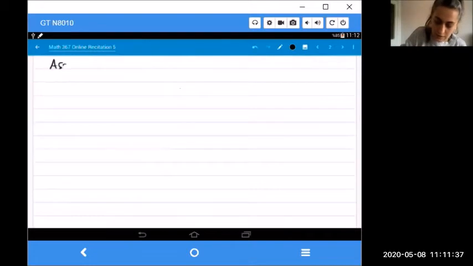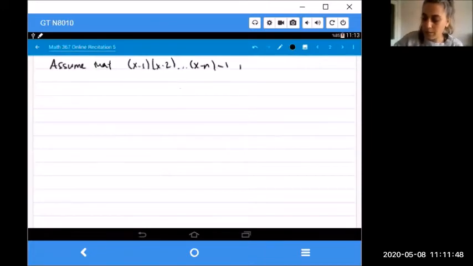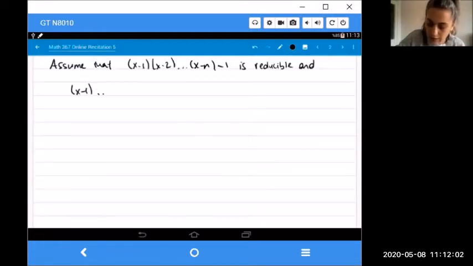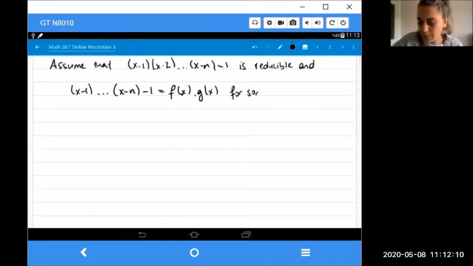Assume that (x minus 1)(x minus 2)...(x minus n) minus 1 is reducible, and it can be written as a product of two polynomials, f of x and g of x. (x minus 1)...(x minus n) minus 1 is equal to f of x times g of x for some f, g in the polynomial ring over the integers.